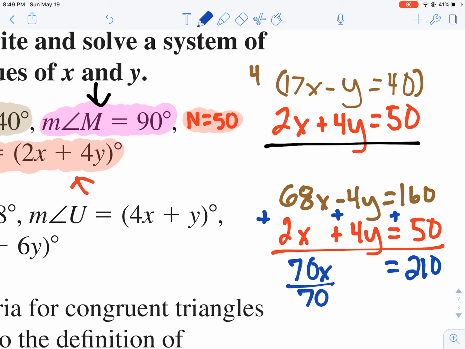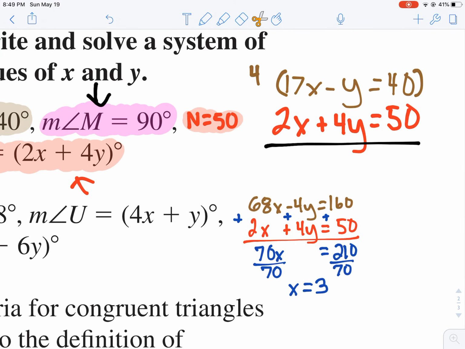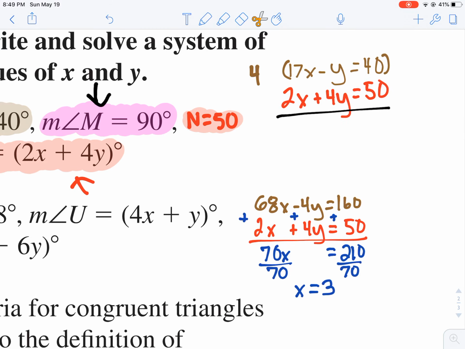Divide each side by 70. Now I get x equals positive 3. And just like we did with systems of equations before, now that I know x, I can plug it into either of these two equations, which will allow me to solve for y. So it really doesn't matter which one I use. I'm going to go with 2x plus 4y equals 50.